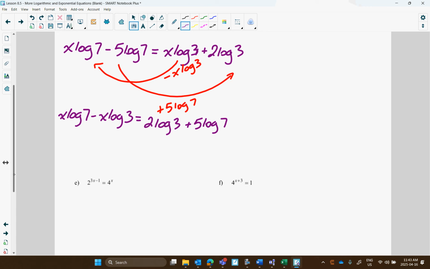Factor out the x. And then divide both sides by log 7 minus log 3.